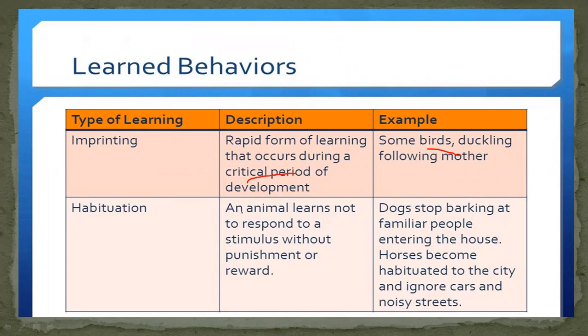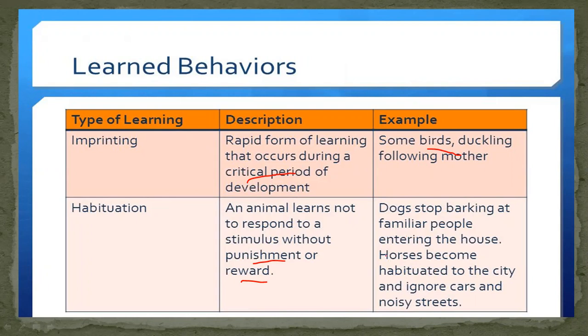Habituation is when an animal learns not to respond to a stimulus without punishment or reward. We don't give any punishment or reward, but the animals learn with the repeated occurrence of that stimulus. Dogs stop barking when familiar people enter the house.